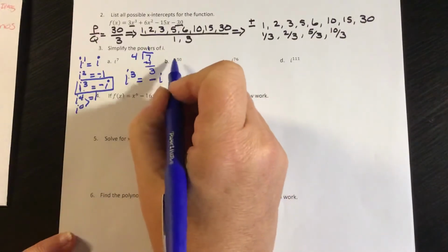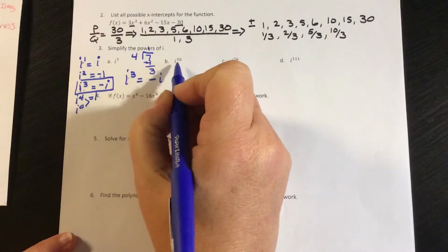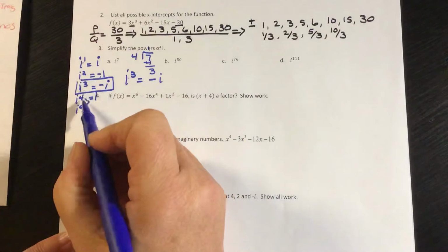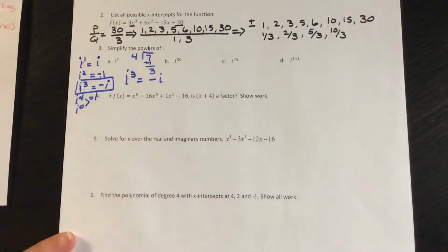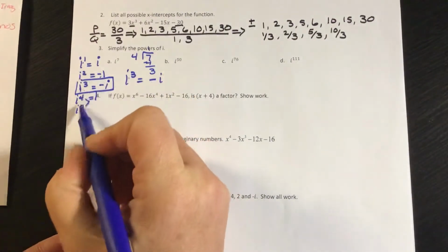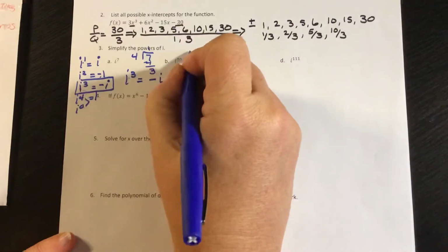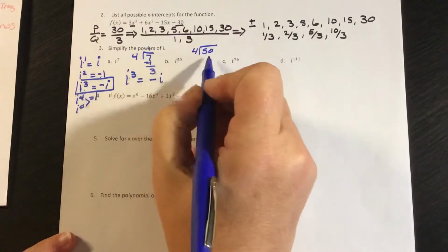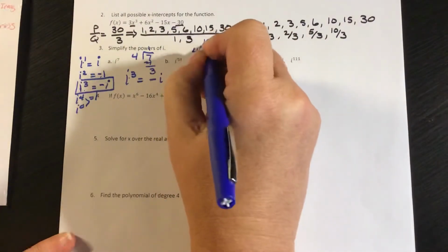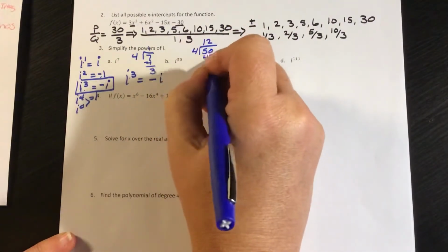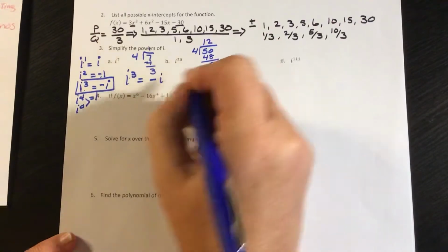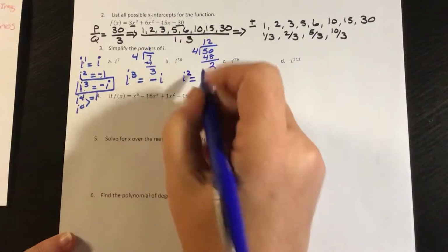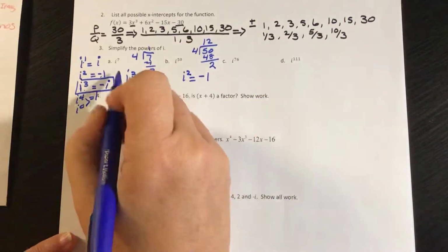So I divide the exponent that's given by 4 and look for the remainder, and the remainder would be the exponent that is attached to i. So if I do 4 into 50, 4 goes into 50 12 times. 12 times 4 is 48. Subtract, I get remainder 2. Remainder 2 is i squared, and that's the same thing as -1.